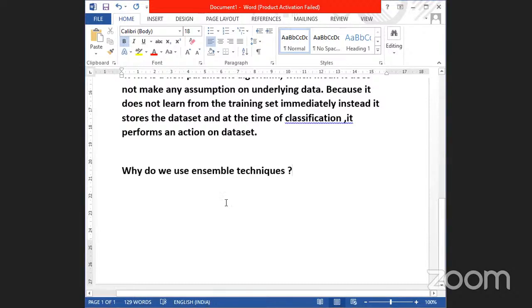ensemble methods use multiple learning algorithms to obtain better predictive performance than could be obtained from any single learning algorithm alone. Unlike a statistical ensemble in statistical mechanics, which is usually infinite, a machine learning ensemble consists of only a concrete finite set of models.